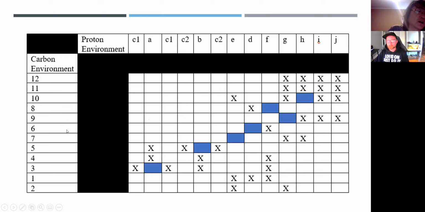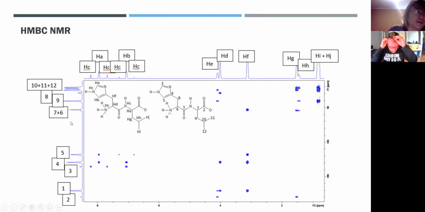So carbon 7 is more upfield than carbon 6. And for carbons 9 and 8, those are the methylene carbons on both side chains.